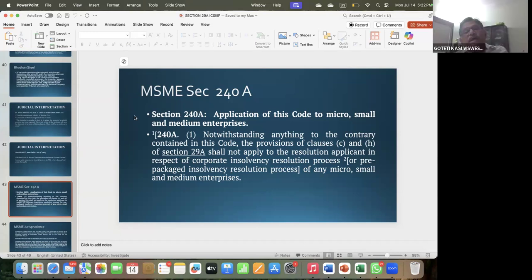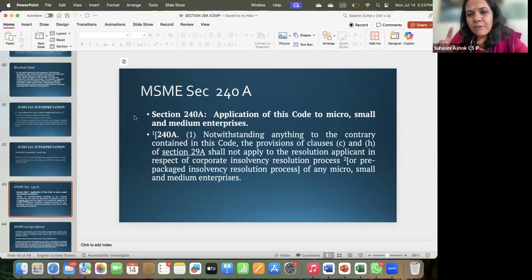Madam, one more thing. Suppose the guarantor is there, for example, XYZ is giving a guarantee to ABC and ABC is not permitted to be the SRA. Suppose the guarantee is not invoked on XYZ, can XYZ become an SRA? Yes, sir. Because it is not invoked. The existence of a bank guarantee alone will not disqualify.